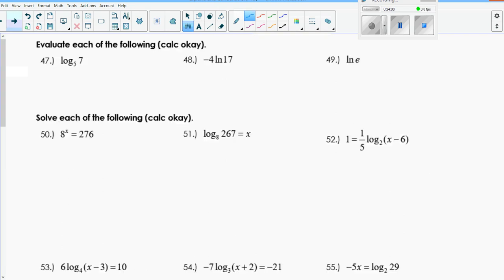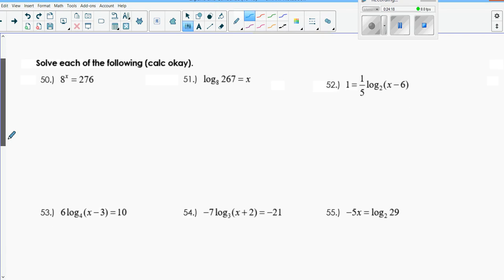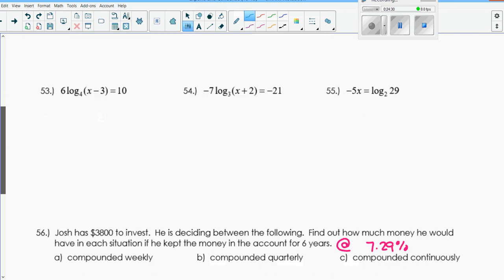You may be using some expanding and condensing, very simply. These I asked you to evaluate with a calculator, so they don't work out as nicely. And these I've asked you to solve, and I said a calculator is okay. Just because I'm telling you that you can use a calculator doesn't mean that you necessarily have to. It just means that maybe the numbers are a little bit bigger.